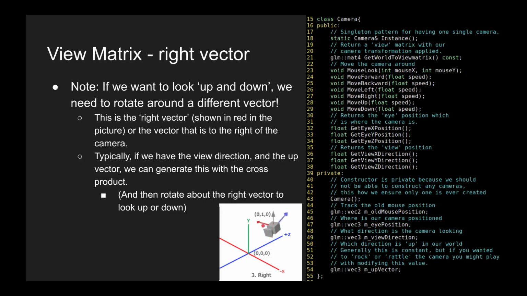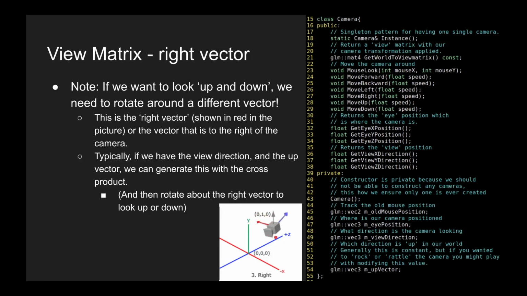If you orient yourself in the direction of the camera, it'll be pointed to the right here. And we can compute the right vector: if we have the view direction, which is this blue arrow coming towards here, and we have the up vector, we can compute the right vector by taking the cross product of the up vector and our view direction. Those are the only other things that we have here. That'll give us something that's perpendicular and to the right side. Now we do have to take these in the right order to make sure that we get a vector that's pointing to the right.